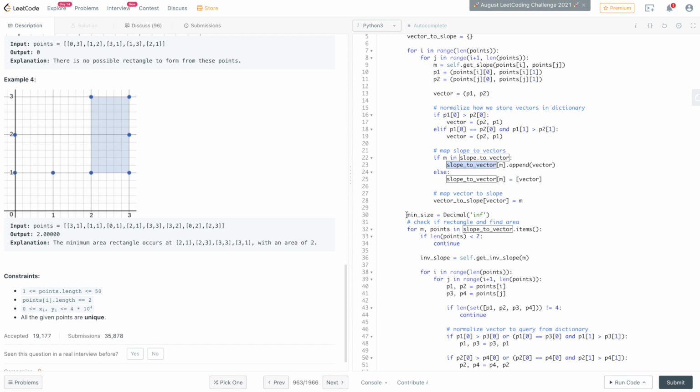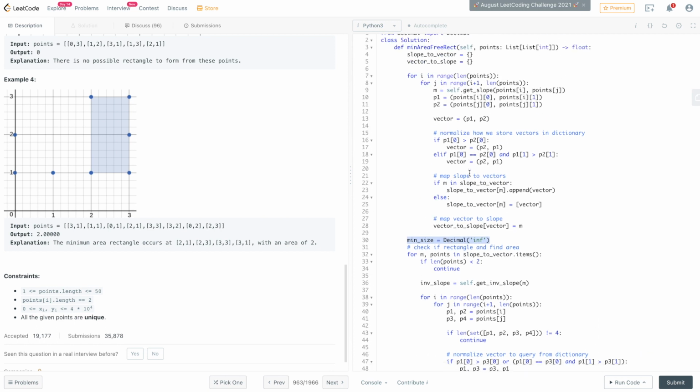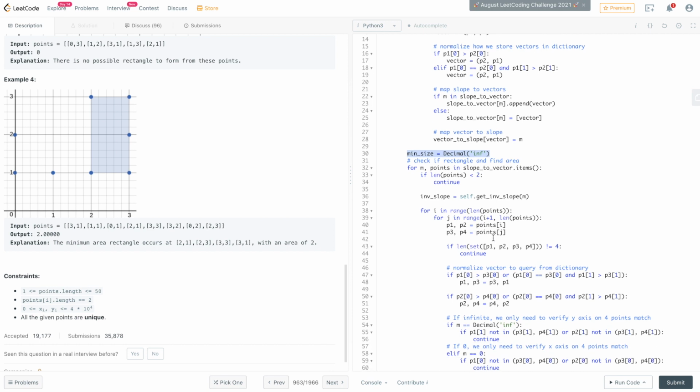In this case, for min size, we need to declare a cache for finding the smallest size of a rectangle, and we go through the points that we stored earlier in the cache. We get the slope and the points, or in this case vectors, resulting in those slopes.